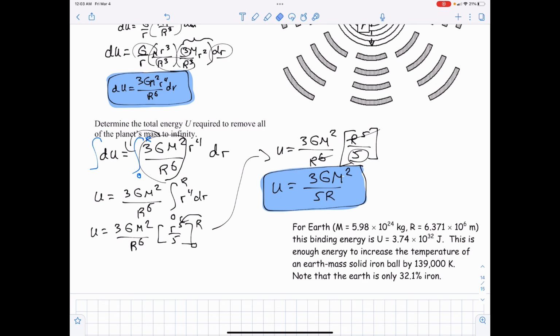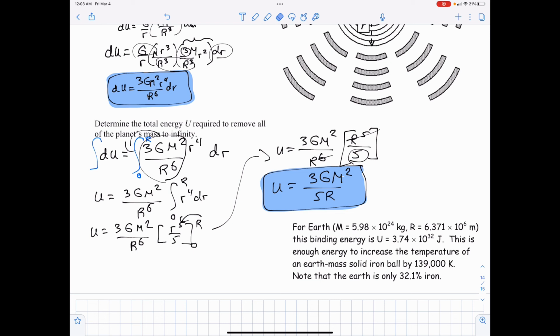This would be enough energy to increase the temperature of an Earth mass solid iron ball. Let's pretend that Earth is a solid iron ball. It's not, but let's just pretend that it is. It would be enough energy to increase the temperature of this quote-unquote Earth mass solid iron ball by about 139,000 Kelvin.